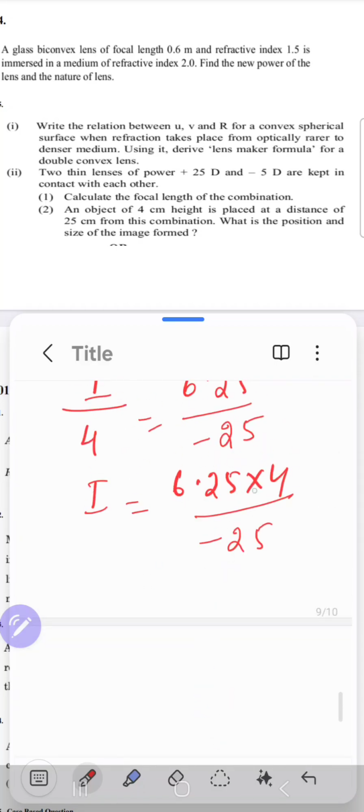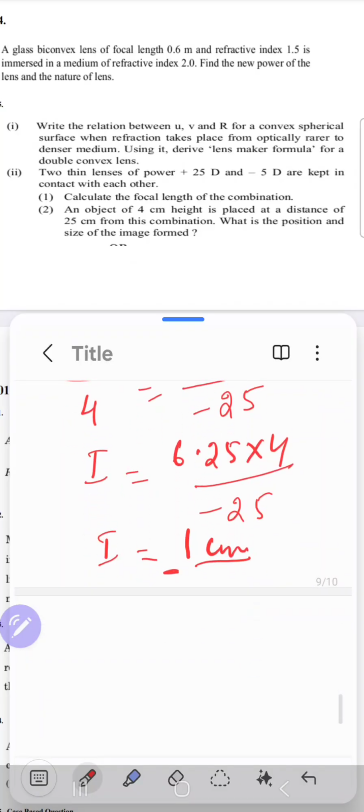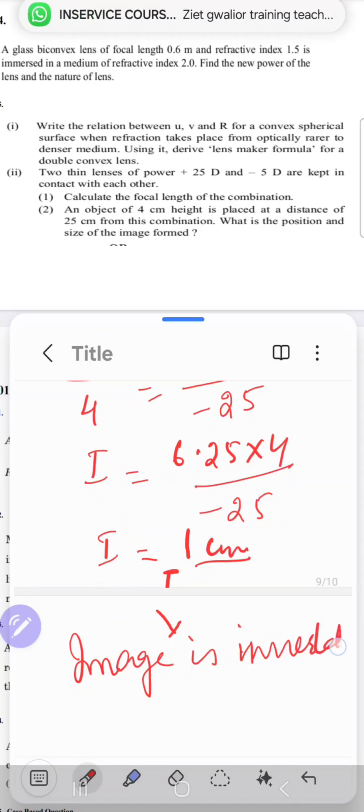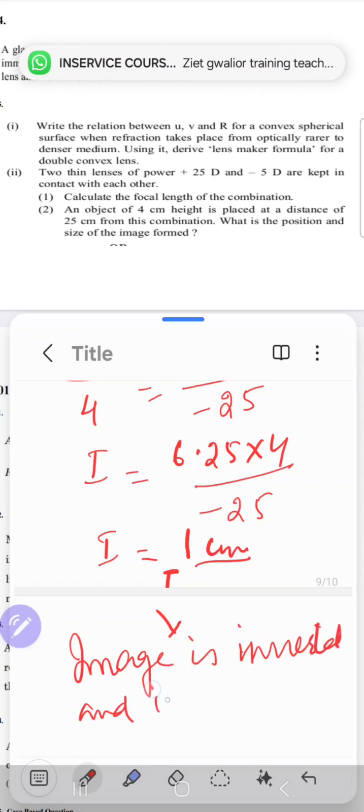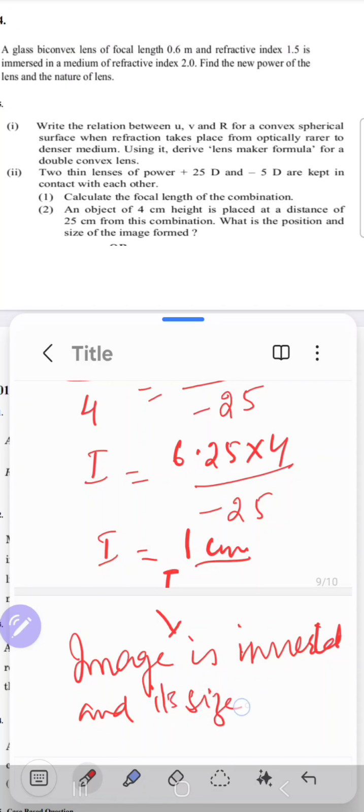So here 6.25 into 4 is 25. So image size would be 1 centimeter. But this negative sign shows that here image is inverted. And its size is 1 centimeter.